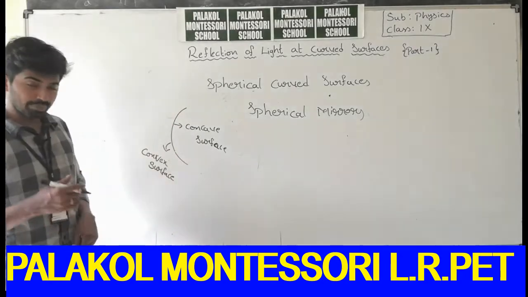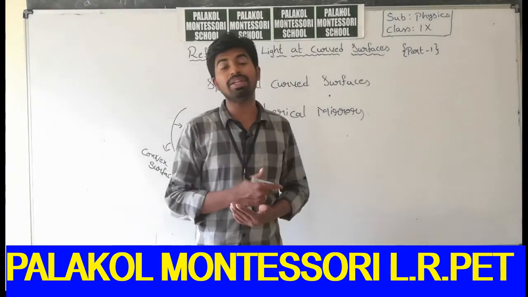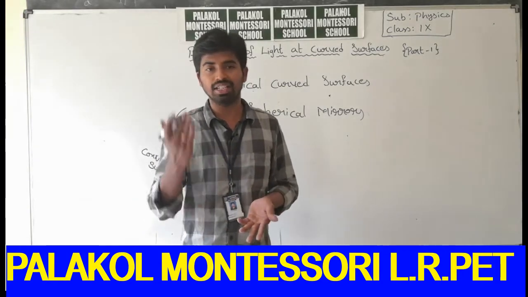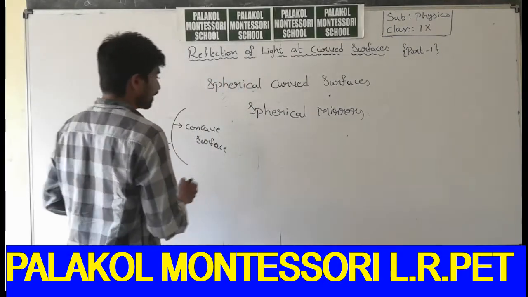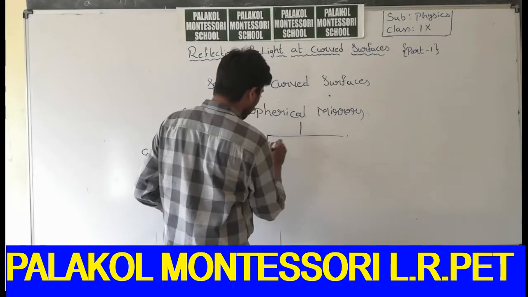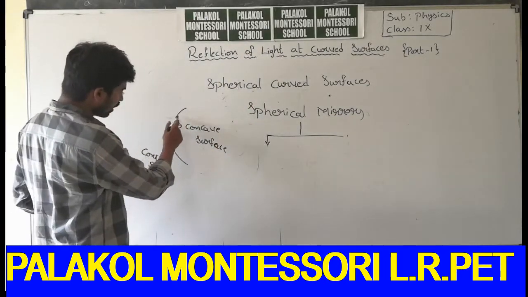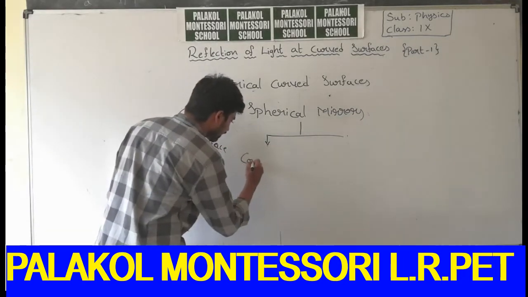Here, if you consider the mirror, only one side will be the reflecting surface, and the other side will be a non-reflecting surface. Some painting will be there on the other side of the mirror. If the reflecting surface is present on the concave surface, then it is a concave mirror.